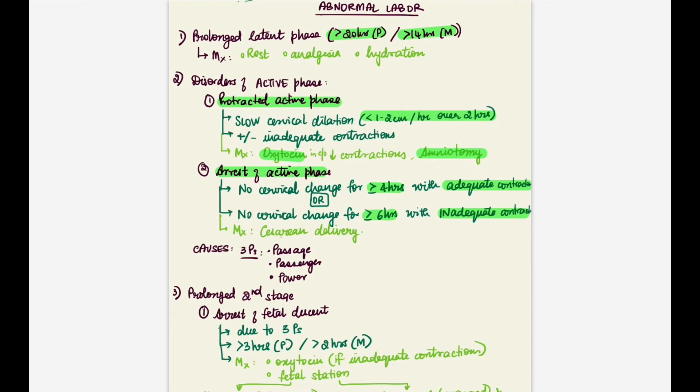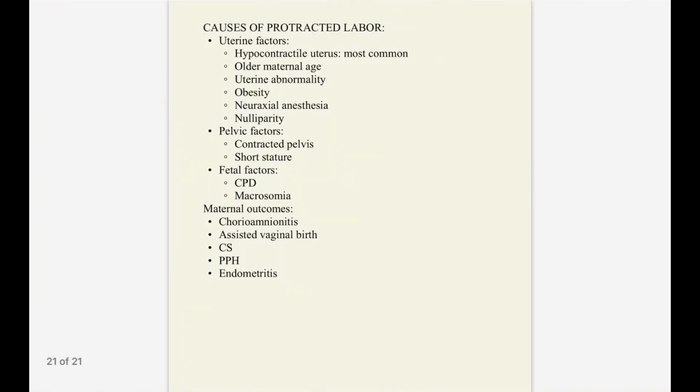Now, what are a few causes of these protracted phases or protracted labor? Causes of protracted labor: you have uterine factors, pelvic factors, and fetal factors. Uterine factors are that the uterus is just hypocontractile, meaning the contractions are inadequate. That is the most common cause of a protracted labor.